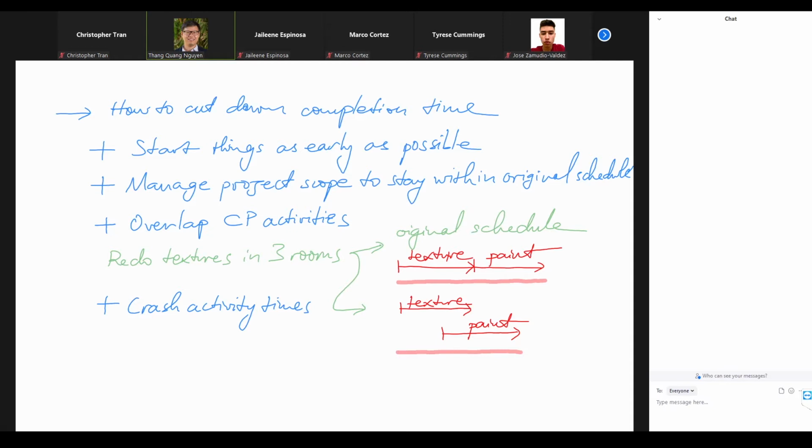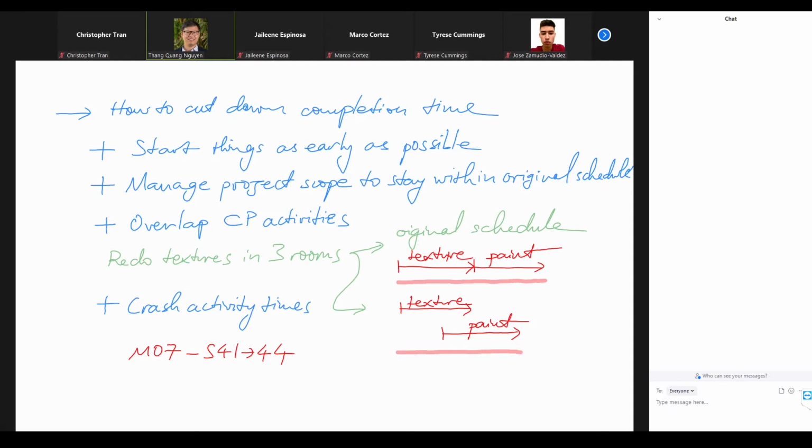I recommend you read more about this in module 7, slides 41 through 44. It's about crashing the activity times. It's quite technical work to know how to crash activity times. So in the exam, I will not ask you how to crash activity times, right? We just talk about these at the conceptual level.